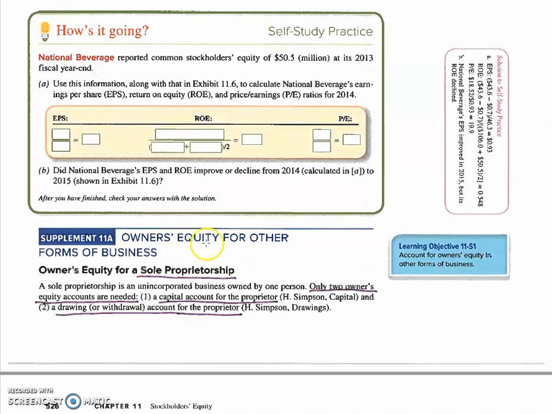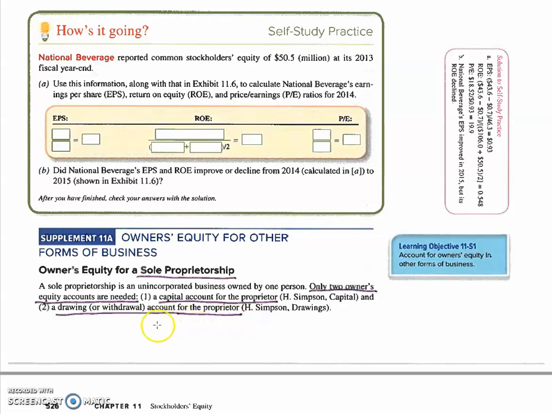And we get to owner's equity for other forms of business, like sole proprietorships. For example, instead of common stock and additional paid-in capital, we have the owner's capital account. And then instead of dividends, they have a drawing or withdrawal account.